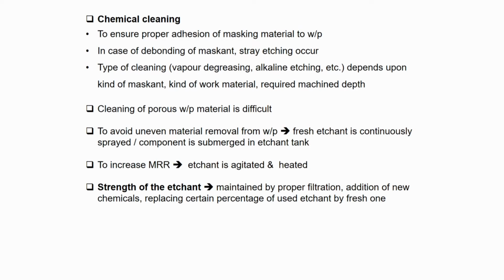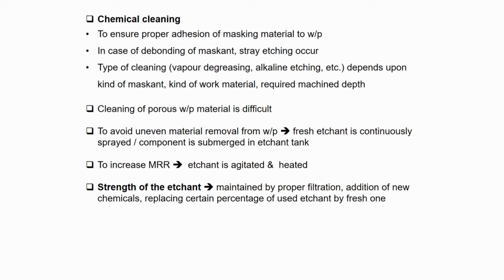So this cleaning process depends on what kind of maskant you are using, what kind of workpiece material you are machining, and the required machining depth. Cleaning of porous material is very difficult because of the porosity.